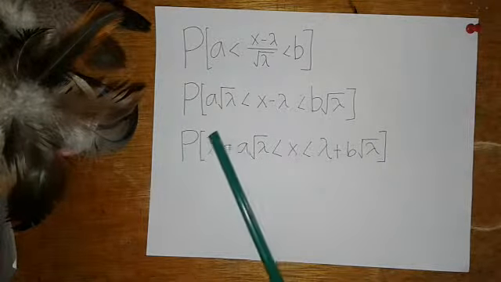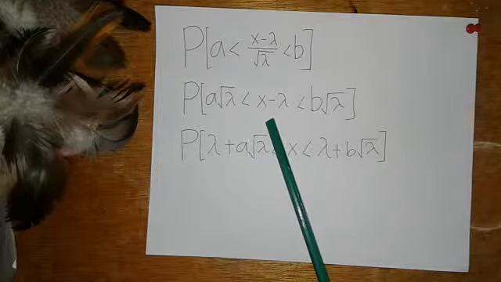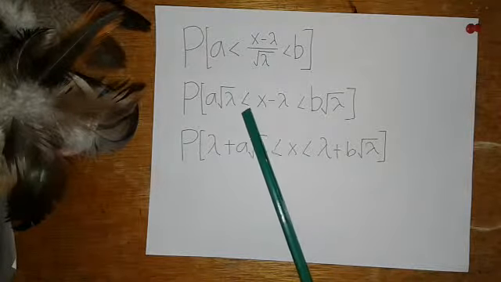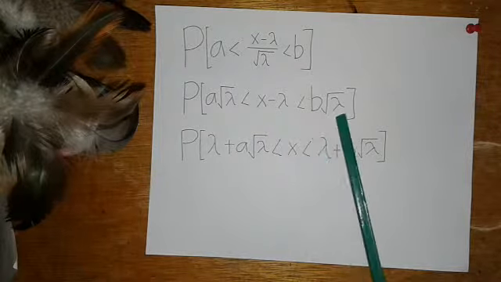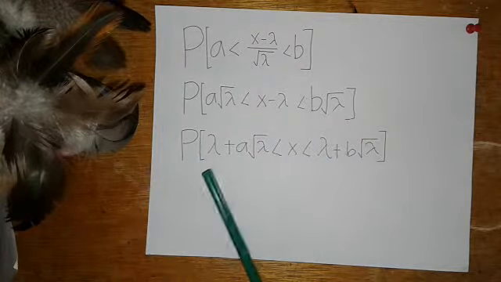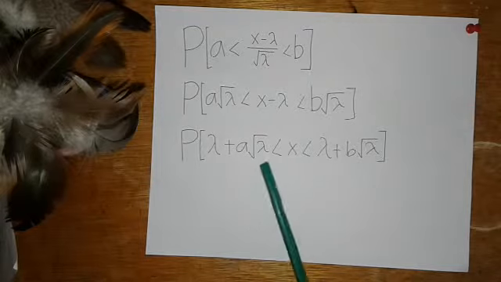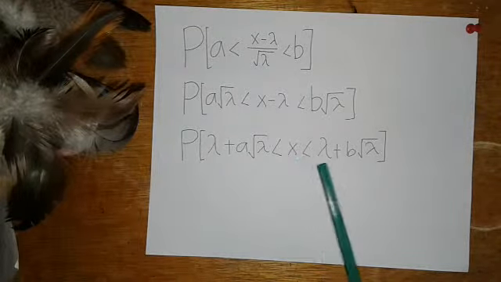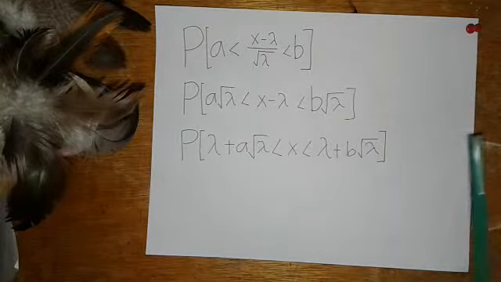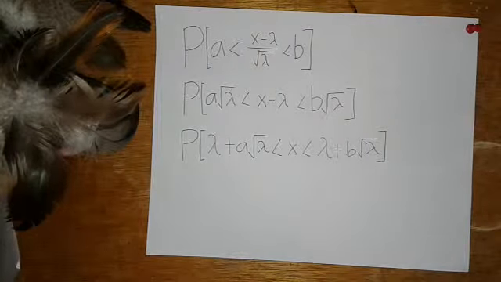We have the probability of x minus lambda greater than a square root of lambda and less than b square root of lambda. Overall, we have the probability of x greater than lambda plus a square root of lambda and less than lambda plus b square root of lambda.